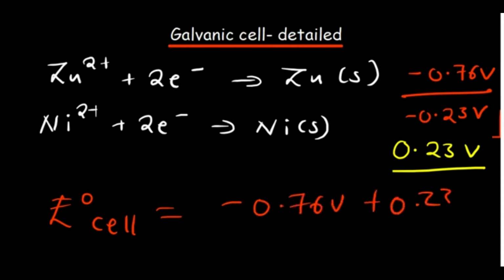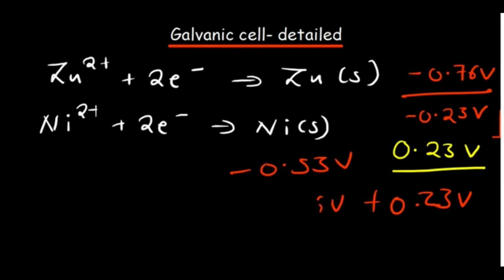You're going to notice that this is still going to give us a negative value. Try to perform a calculation there and see what you get. You'll understand that this is not a feasible reaction, because minus 0.76 plus 0.23 is going to give you minus 0.53. So it's not possible to have such a galvanic cell.